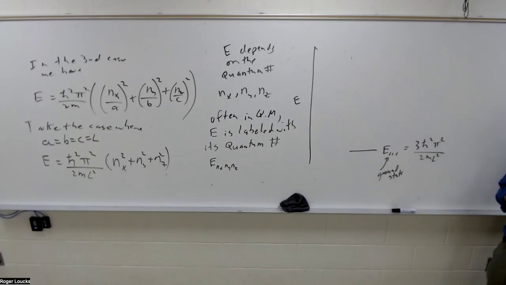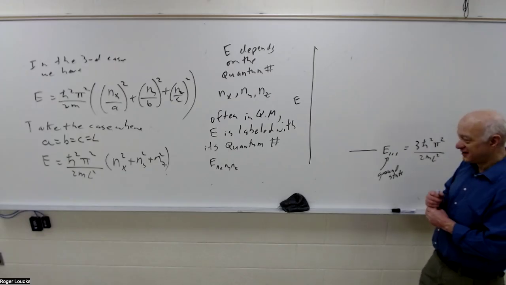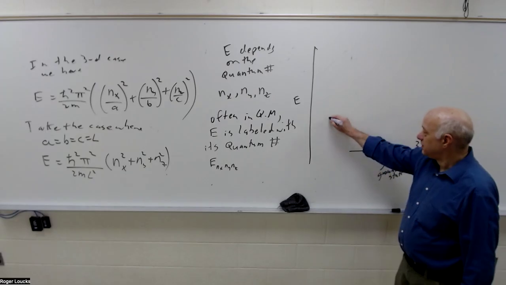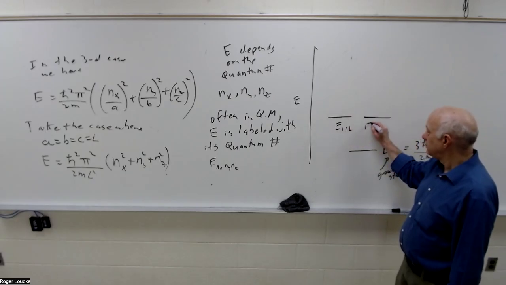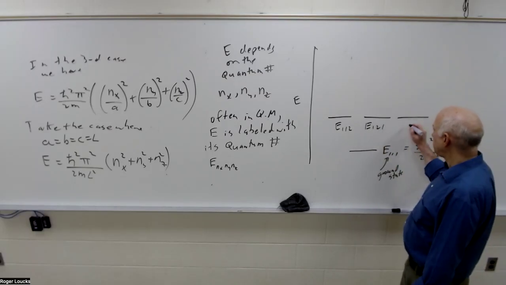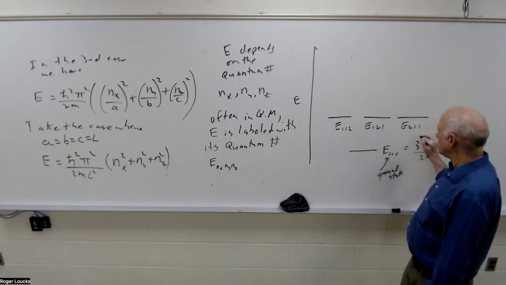Okay, now here's where the fun begins. What is the first excited state? And isn't there three that all have the same energy? I agree. What would they be? E211, E121, E112. So I could have E112, I could have E121, or I could have E211.